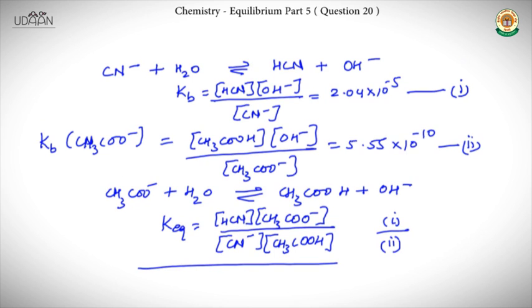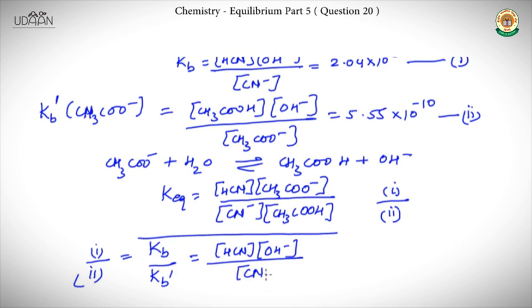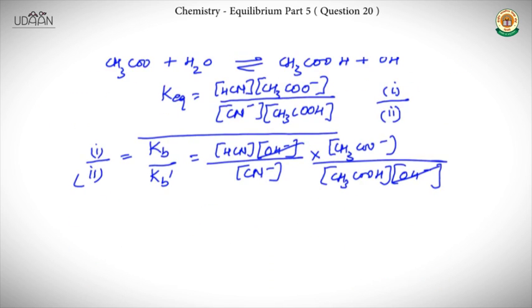If I divide 1 by 2, I will obtain Kb upon Kb dash, which will be concentration of HCN into OH minus upon concentration of CN minus, into concentration of CH3COO minus upon concentration of CH3COOH into OH minus. This will cancel out and we'll obtain the expression for equilibrium constant.